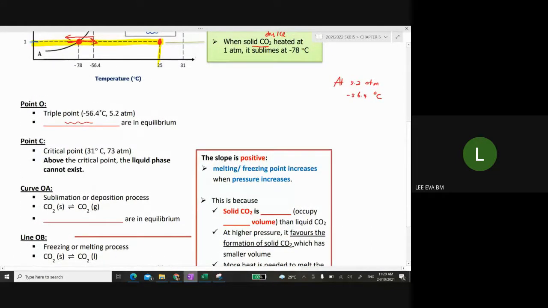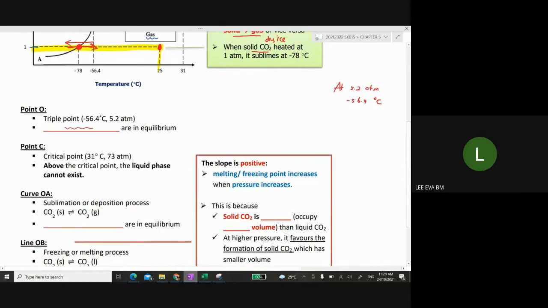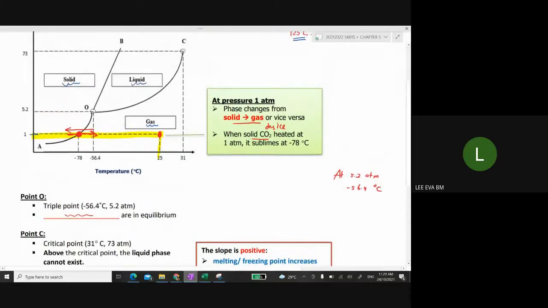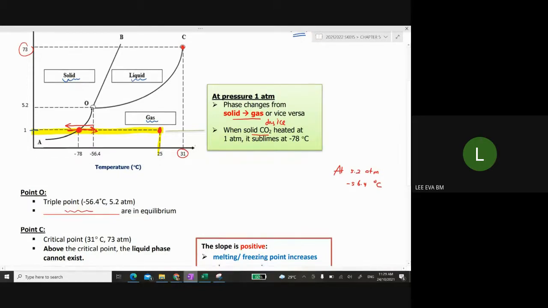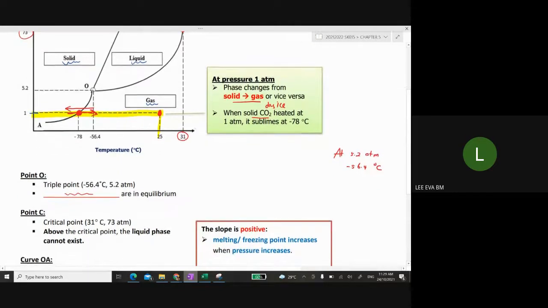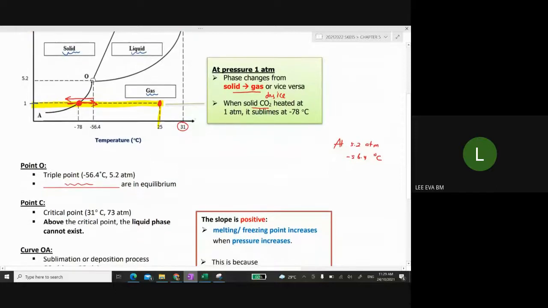Over here, point C refers to the critical point, which happens at 31 degrees Celsius and 73 atm. At this point, you can find your liquid phase and also gas phase. Beyond this point, or above this critical point, the liquid phase cannot exist.